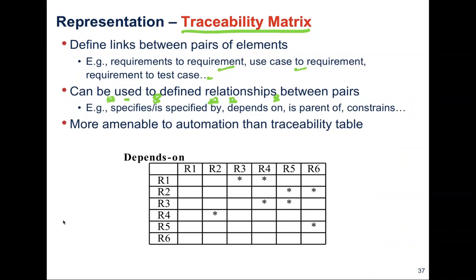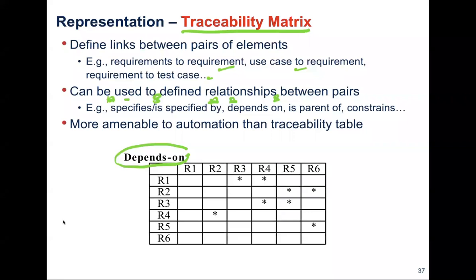The traceability matrix is more amenable to automation as compared to the traceability table. As you can see, if we decide to build the depends-on relationship, I could build one traceability matrix. If I have multiple relationships, I could build multiple traceability matrices. It could be a binary representation, or an asterisk representation, or a numbering representation.